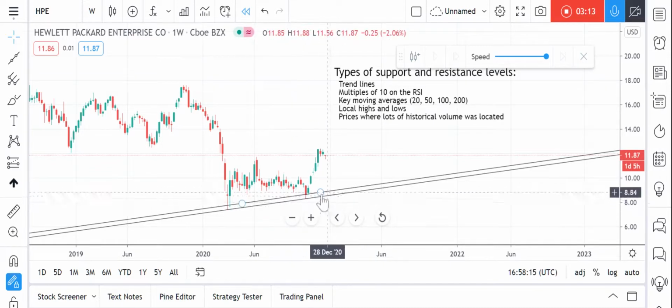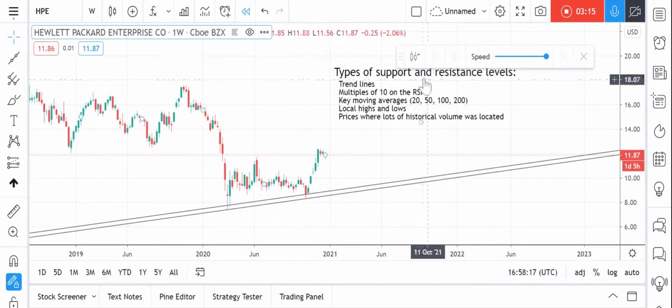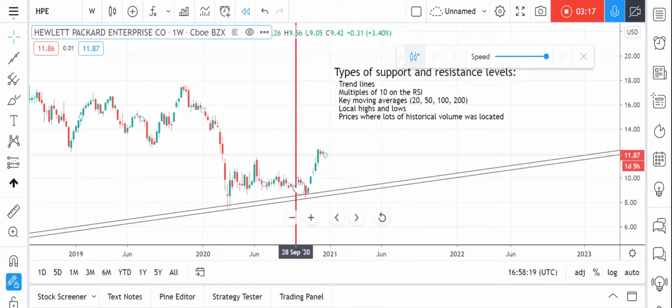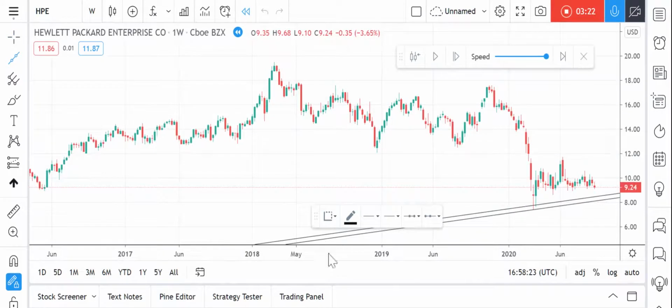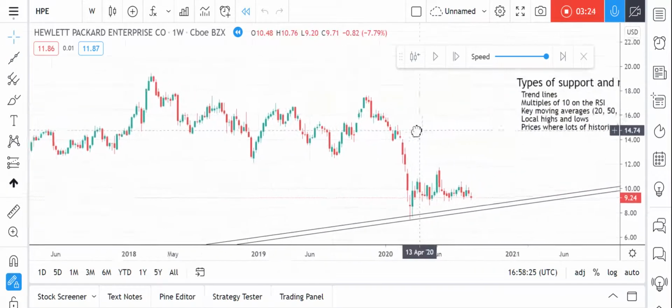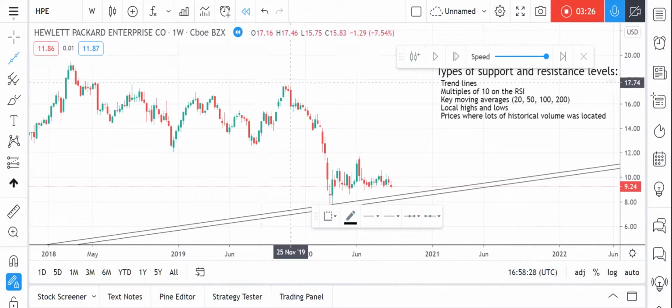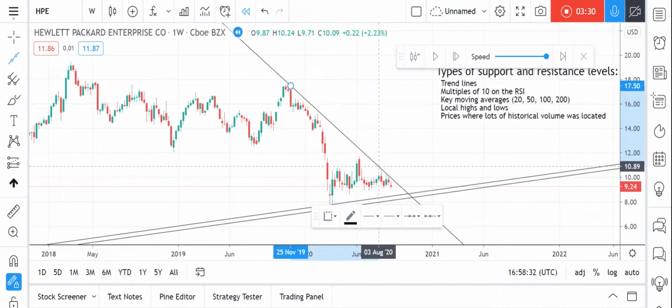The example down here, you can't see the benefits of trend lines, but if we just go back a little bit on HPE and set up a trend line here, you can see how this plays out. So I take the top of that candle and the top of this candle.